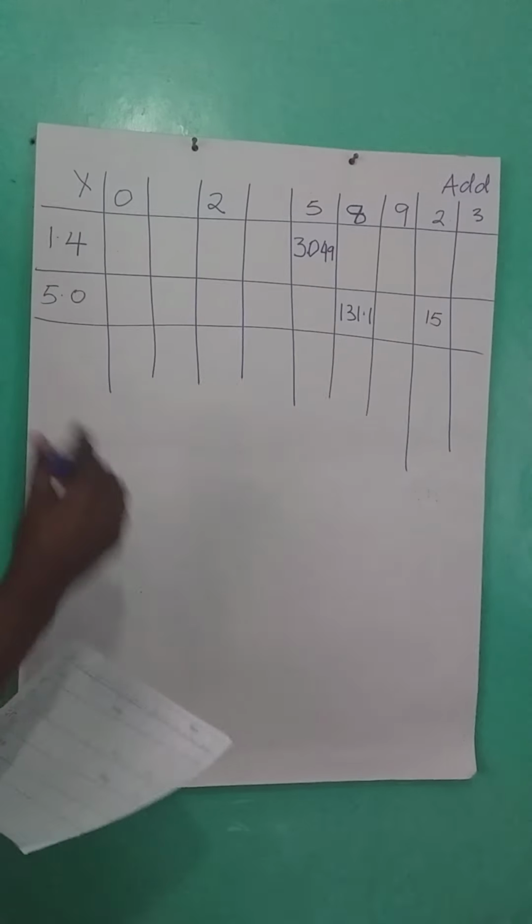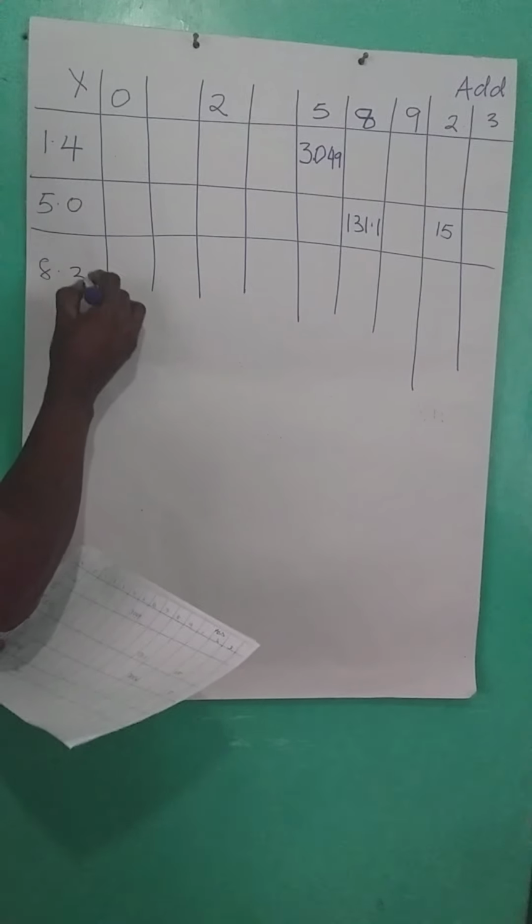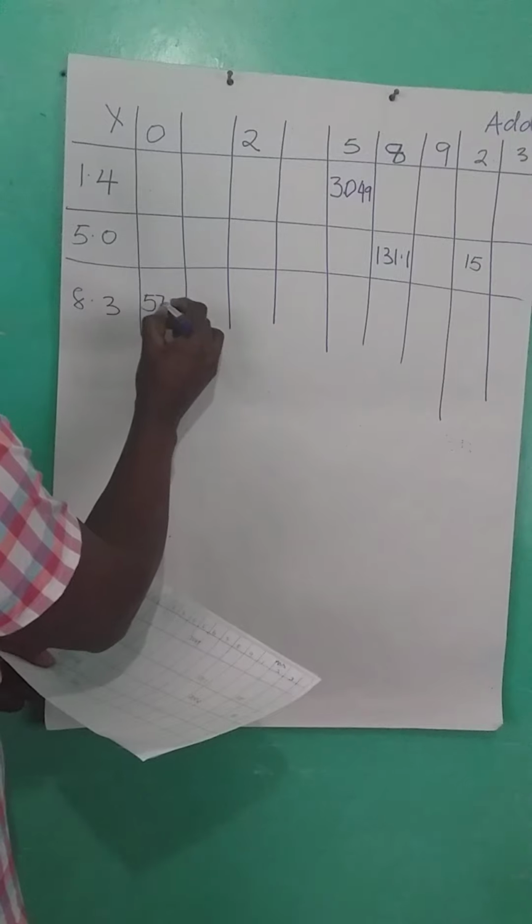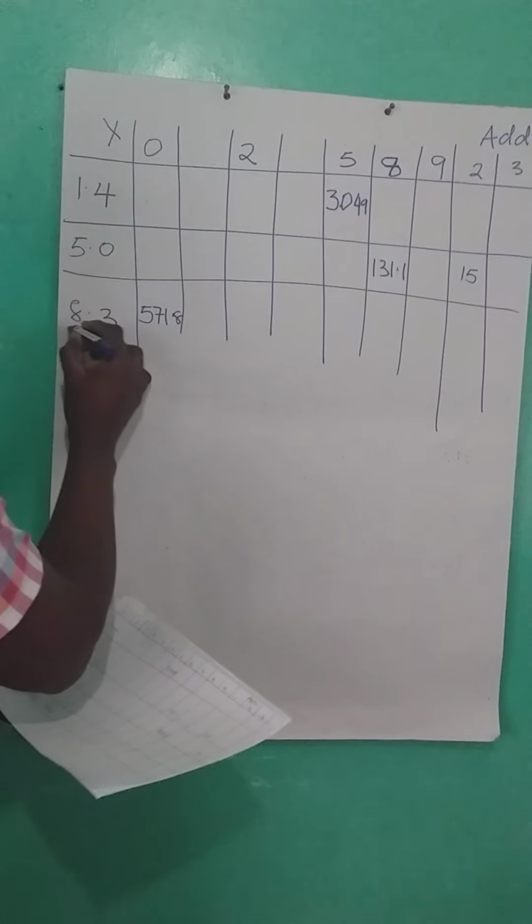Then the next one is 8.3. 8.30, we have 571.8.